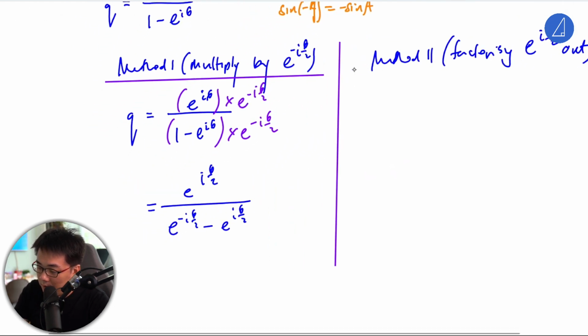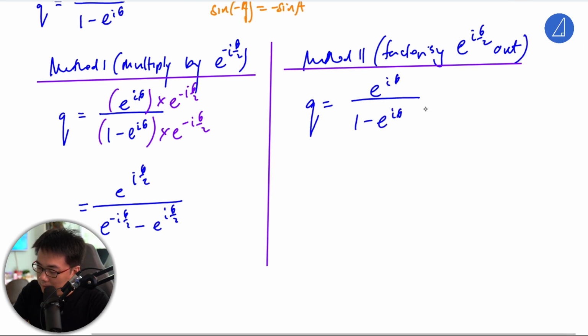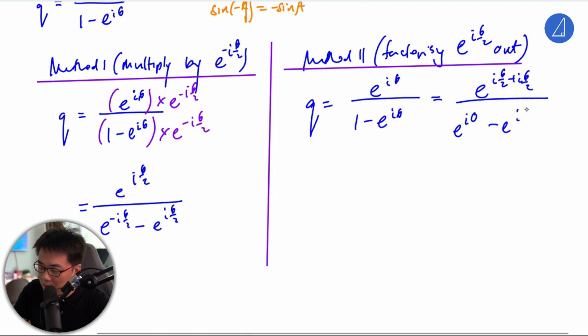For the second method, what we'd get is Q equals e to the i theta times 1 minus e to the i theta. Just take note, this could be half theta plus half theta. This is e to the i 0, that is e to the i theta over 2 plus i theta over 2.